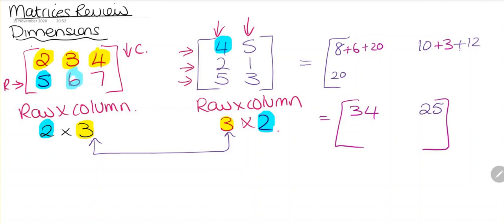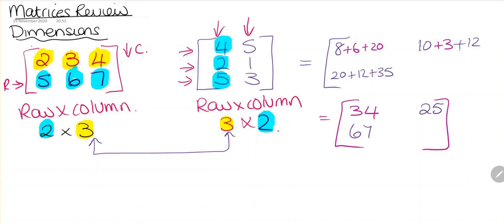And now we have to do 6 times 2. 6 times 2 is 12, and I'm going to add this. And then I have to do 7 times 5. So 7 times 5 is 35. So if I add those together, 20, 35 is 55, 67. So this is my value here, 67.